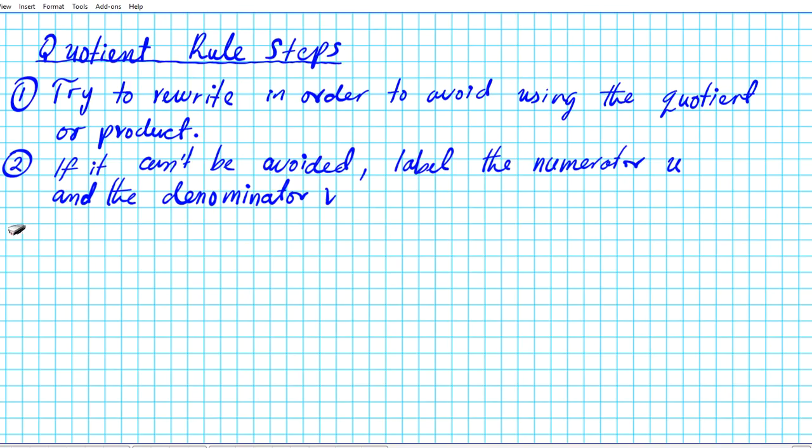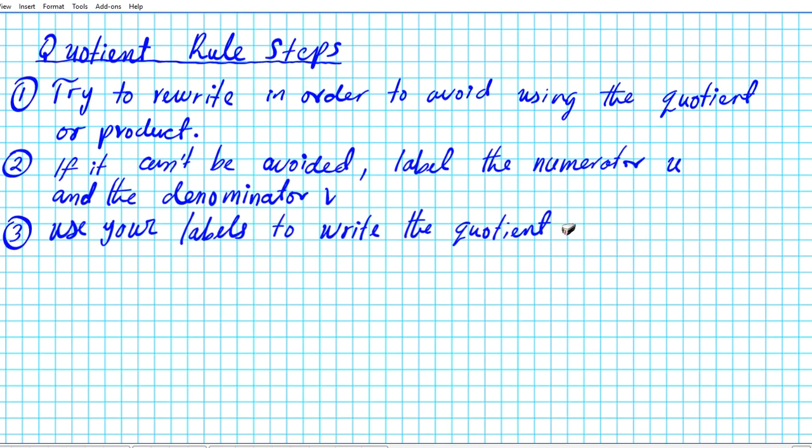Now after you label the numerator and the denominator, this next step might not seem important, but it's really helpful to avoid making mistakes. You want to use your u and v labels to write the quotient rule.